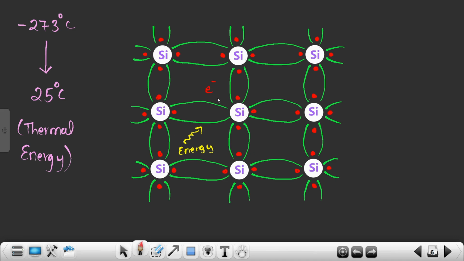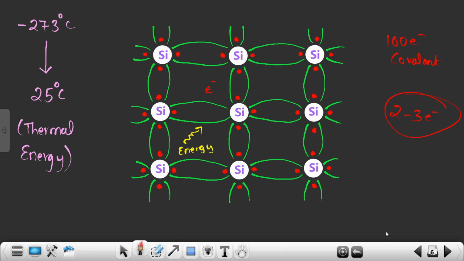But not all of them, sorry, some of the electrons. Let's suppose there are 100 electrons present in the covalent bond. Out of 100, maybe 2 or 3 electrons are free to move anywhere. Only 2 or 3 electrons will break this bond, and the rest will prefer to remain as they are.